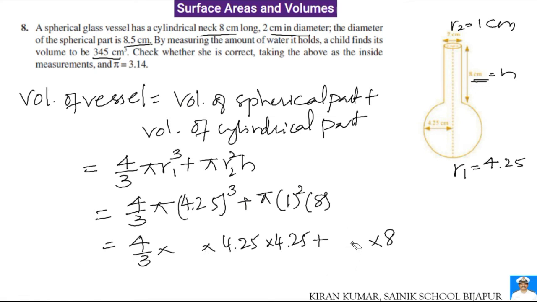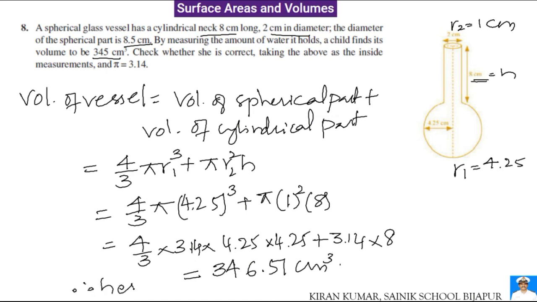Let's take it as 3.14. So we get approximately 346.51 centimeter cube.